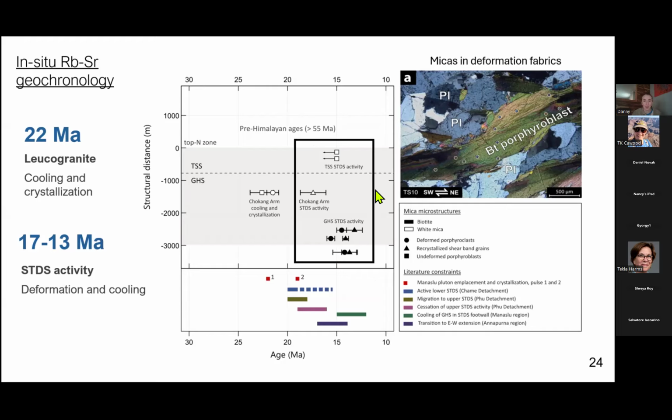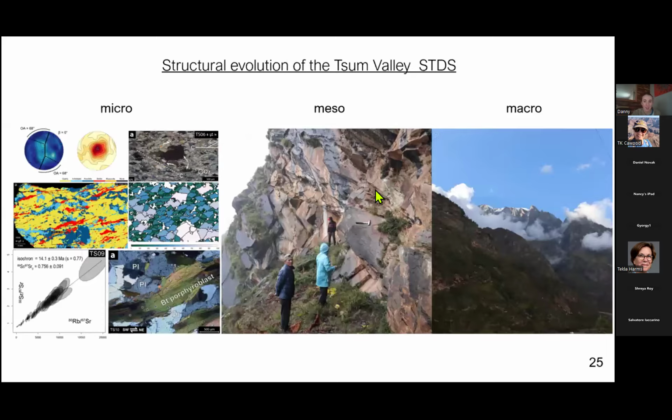So here we now have direct ages for South Tibetan detachment system activity, and they align very well with the previous constraints in the Manaslu region for the timing of the South Tibetan detachment system. So those are my results.